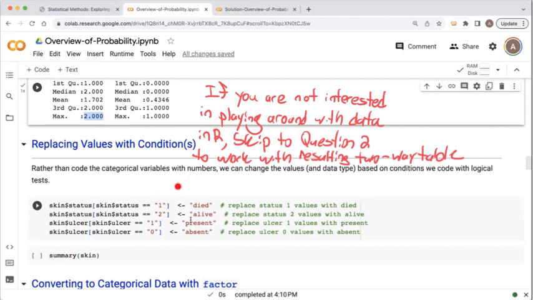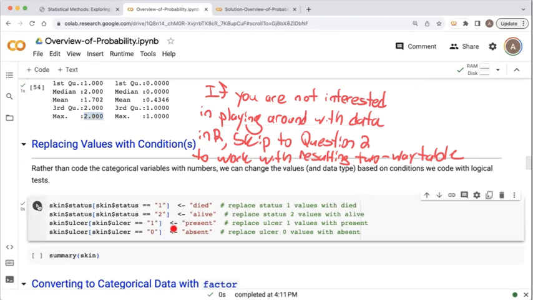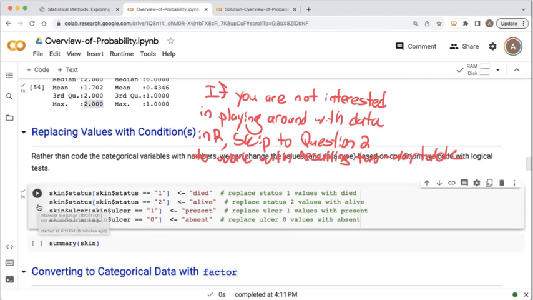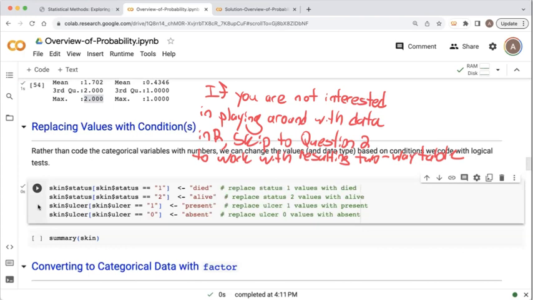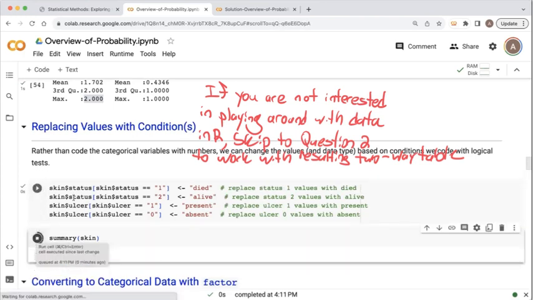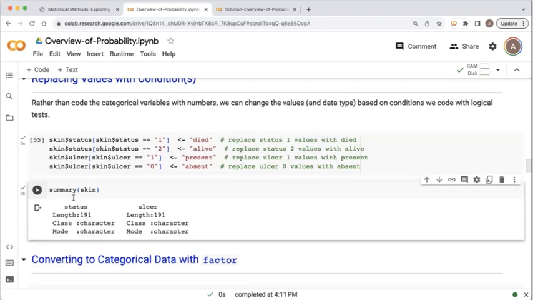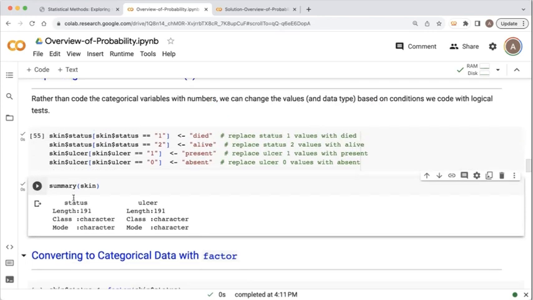And so we're just going to describe each of these values more in terms of the context. We've written over the values that were originally in our skin data frame. And now let's check out the result of this previous code cell.